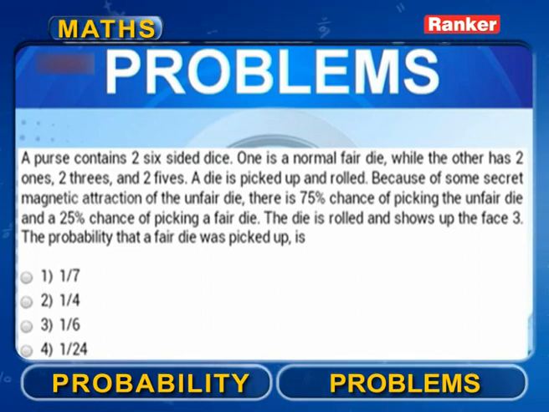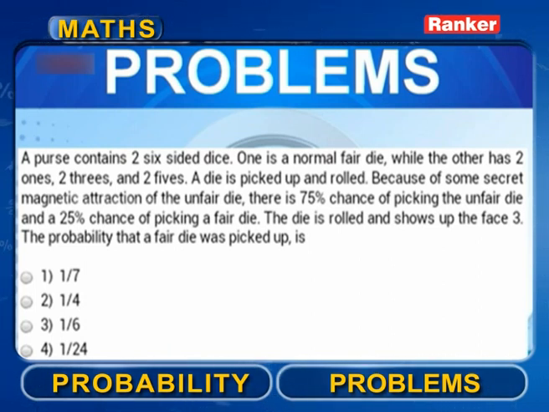That is nothing but a fair die. While the other has 2 ones, 2 threes and 2 fives. Please go through the sentence.